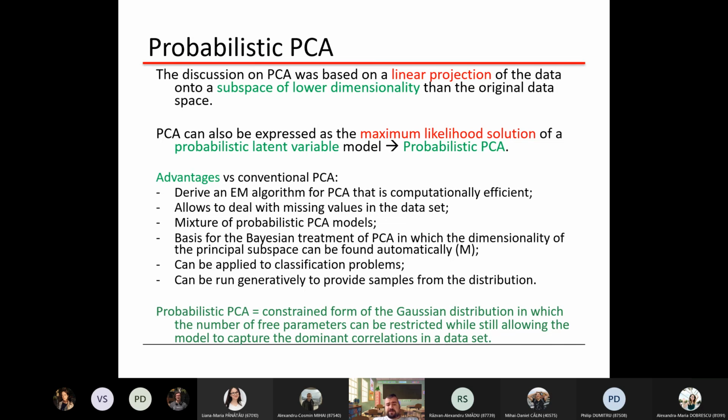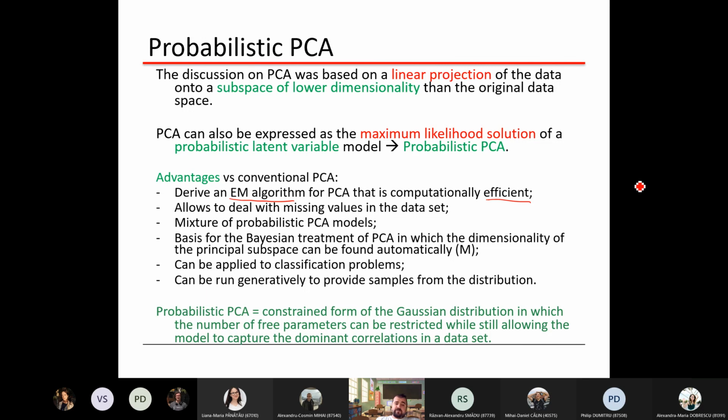And this probabilistic PCA has some advantages. One of them is that we can derive the EM algorithm for PCA to compute the decomposition in eigenvectors efficiently. Another is that it allows us to deal with missing values in the data set.